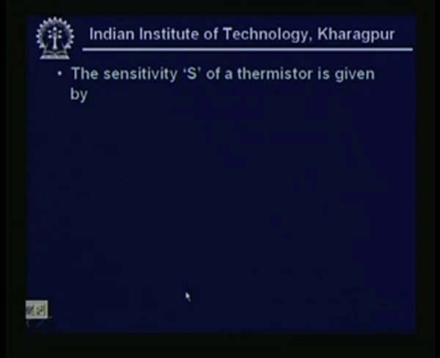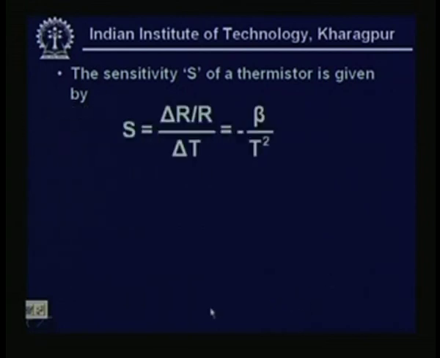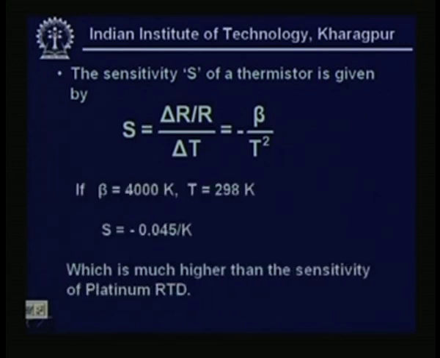The sensitivity S of a thermistor is given by S equals delta R by R by delta T. If you derive, then I will get minus beta by T square. For example, if beta is equal to 4000 Kelvin and T is 298 Kelvin, the value of S will be equal to minus 0.045 per Kelvin, and this is much higher than the sensitivity of a platinum RTD.